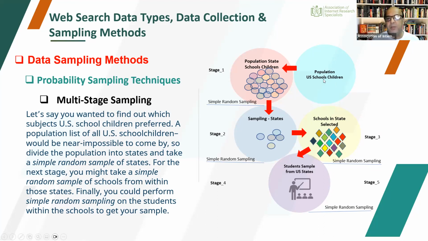In the population of US school children, you're first going to look at the different states, like how many schools are there in each state, depending on whether you're looking for private schools or public schools, or all those different ways in which you can identify different types of schools. So population, and then middle schools, high schools, or primary schools. Anyway, just assume this is a big circle, and in it are smaller circles of different colors. These could be the different states.